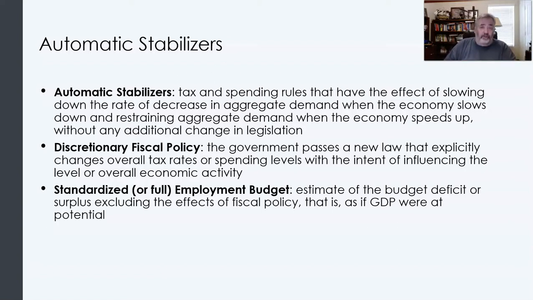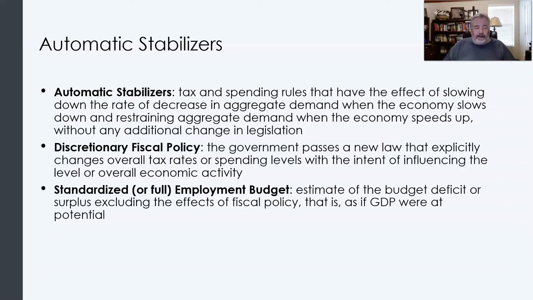It's in their discretion whether or not to raise government spending. It's their discretion whether or not to raise tax rates, right? That's discretionary fiscal policy. There's two types of discretionary fiscal policy we're about to be talking about, called expansionary fiscal policy and contractionary fiscal policy. Okay? We'll get into that.